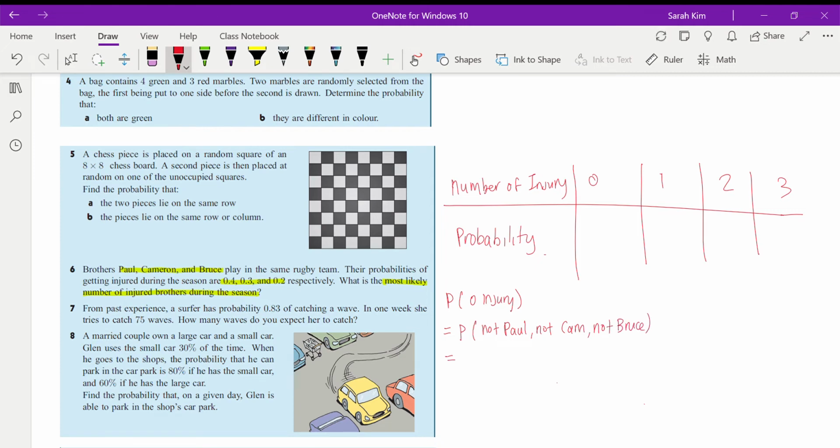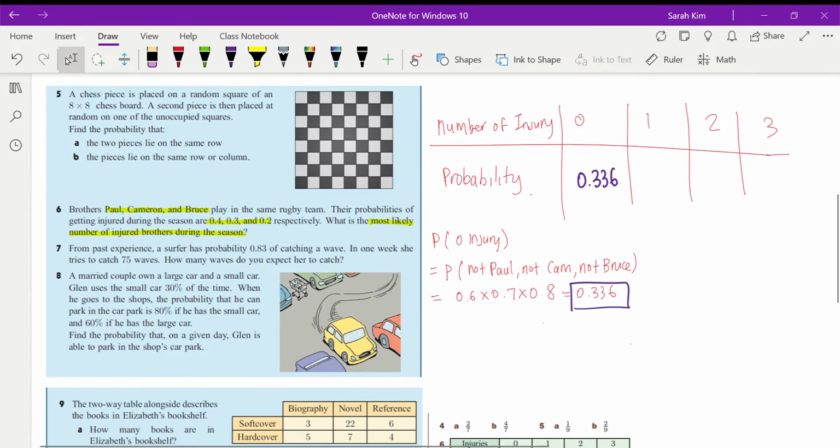So you just have to multiply all the probabilities: 0.6 times 0.7 times 0.8. So that is 0.336. That becomes my answer for 0 injuries.